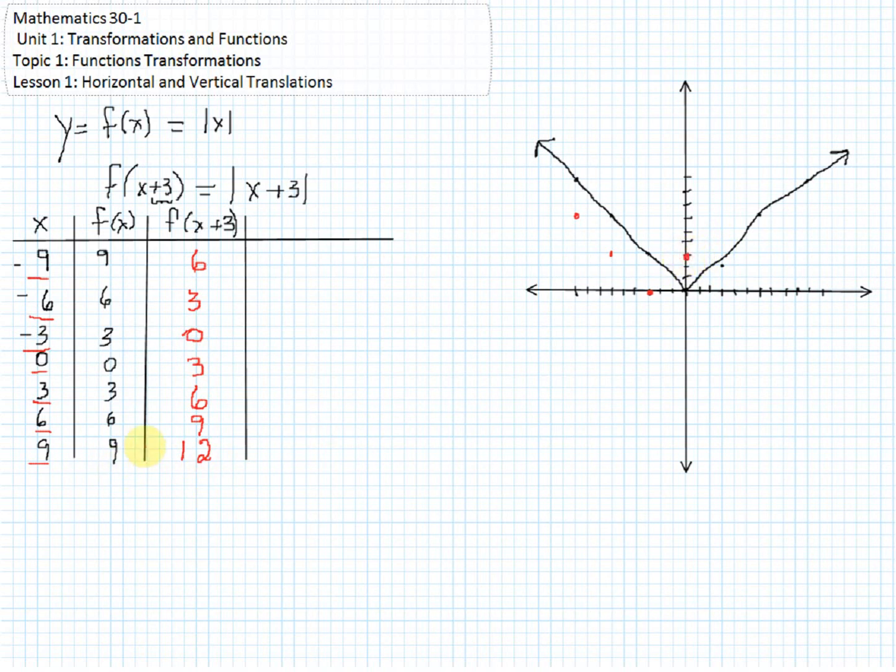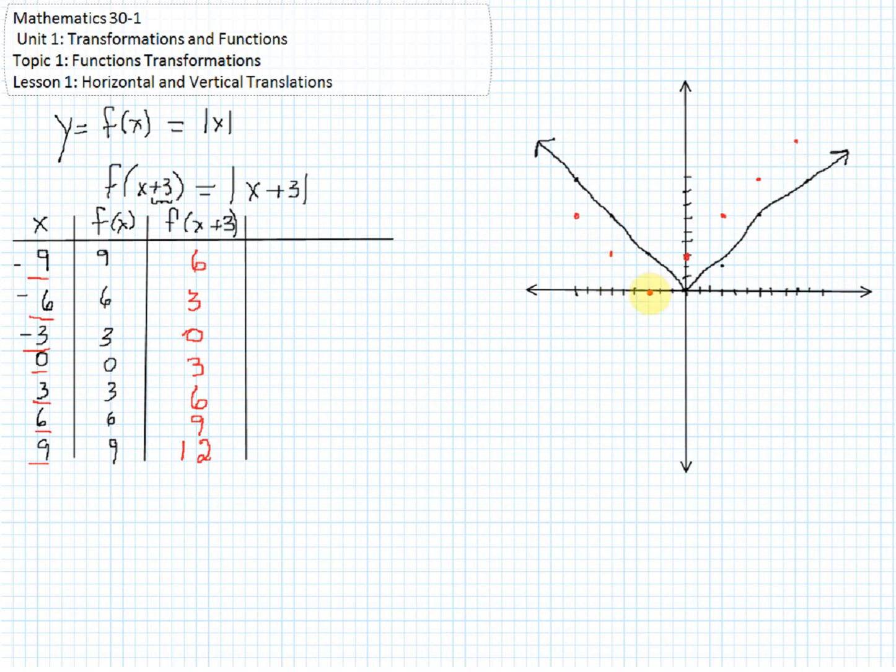An x of 3 gives us a y value of 6, so we have x of 3 and a y of 6, and then an x of 6 and a y value of 9, and finally an x value of 9, and a y value of 12.